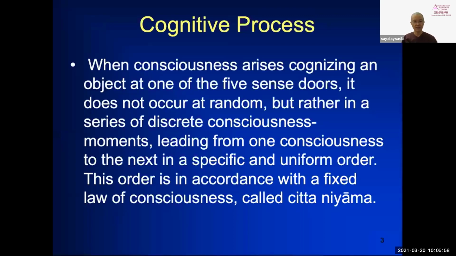This order is in accordance with a fixed law of consciousness called Citta Niyama. By this wording, it is definitely not clear to you. Therefore, I have to give you an example here.